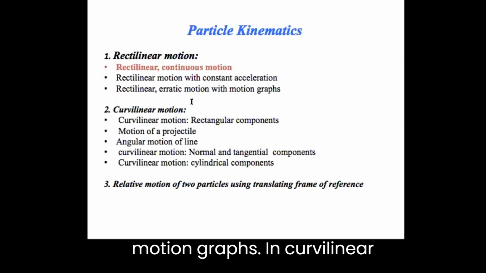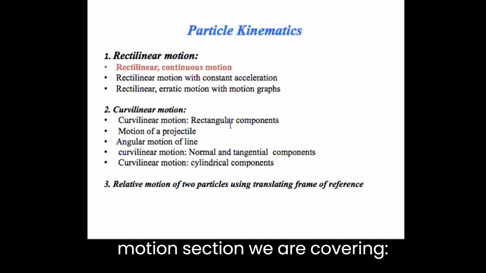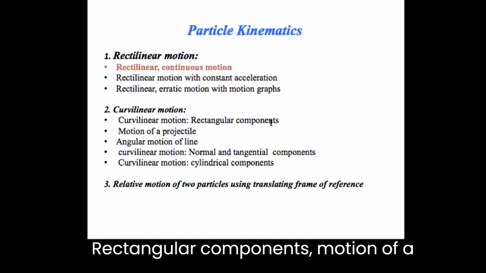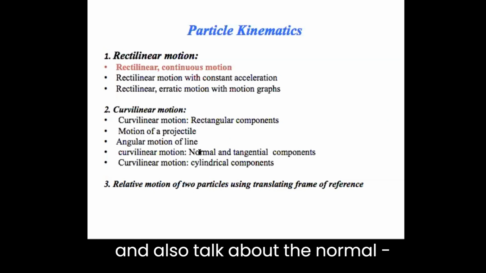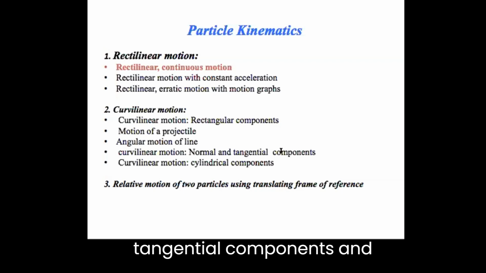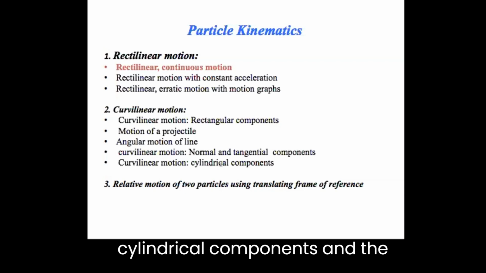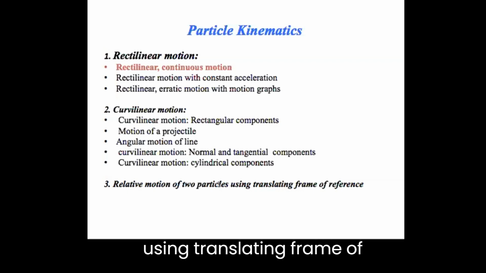In curvilinear motion, we are covering rectangular components, motion of a projectile, angular motion of a line, and also the normal and tangential components and cylindrical components. The last part is relative motion of two particles using a translating frame of reference.